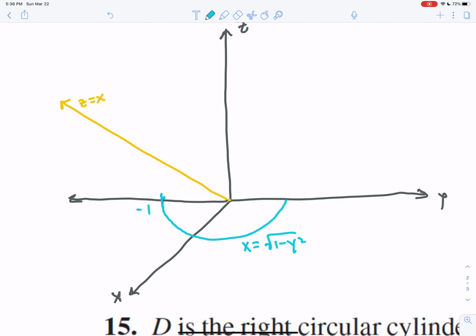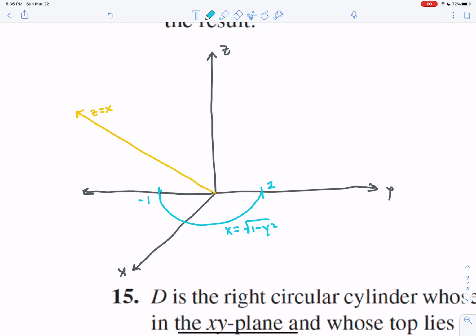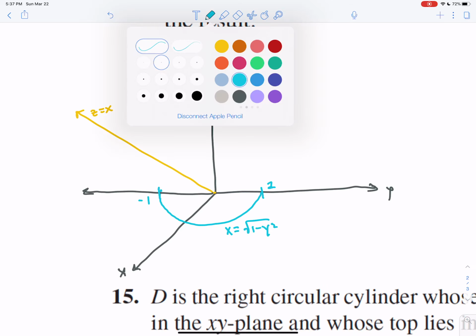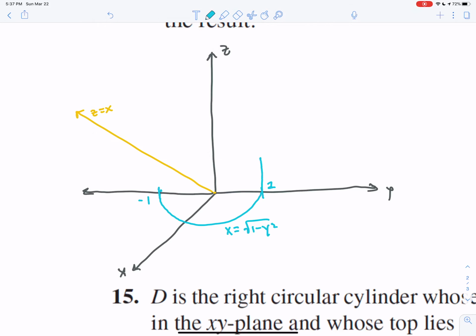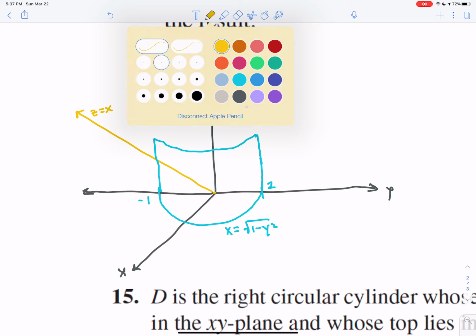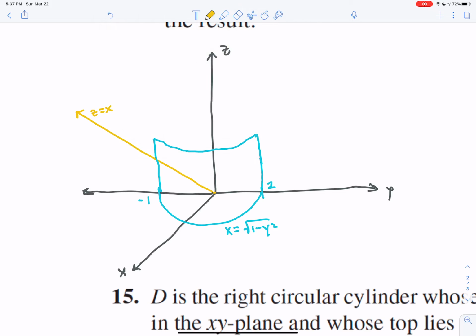Okay, so what this shape looks like is this cylinder kind of extending up, this half cylinder, right? But it's going to be cut along the top, along this z equals x line, so this 45-degree angle line, right?